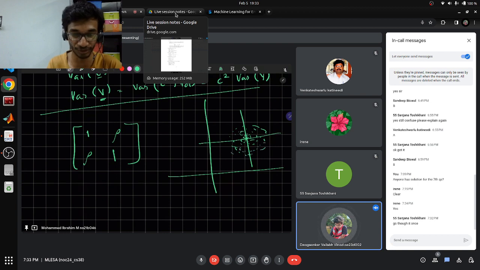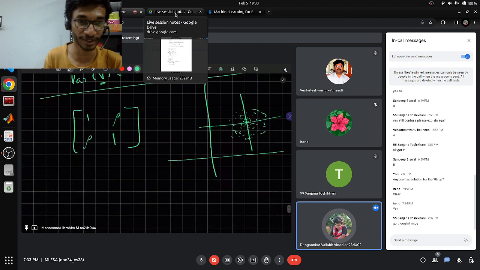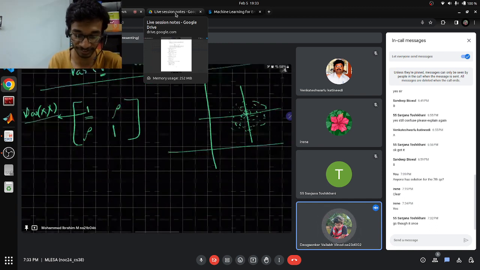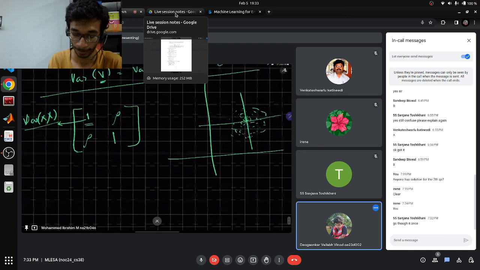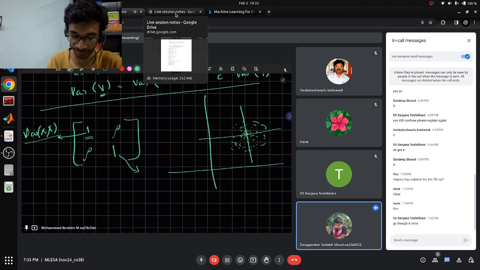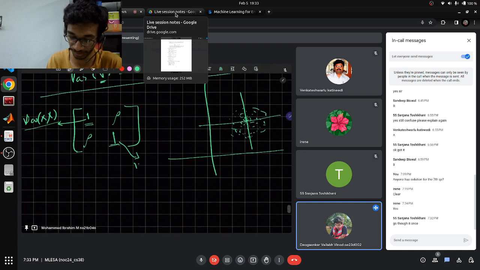Maybe I should first cover what each of the terms of the covariance matrix mean. This term here means the variance of x with respect to x itself. That is what we calculated at the start of the class, the variance of x. This term here is the variance of y.